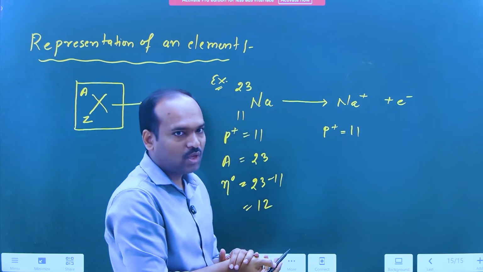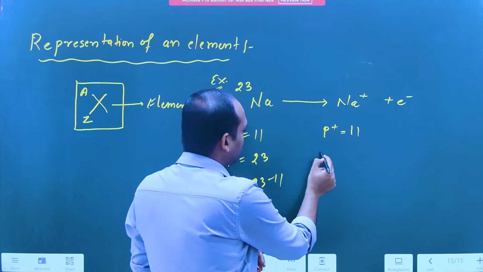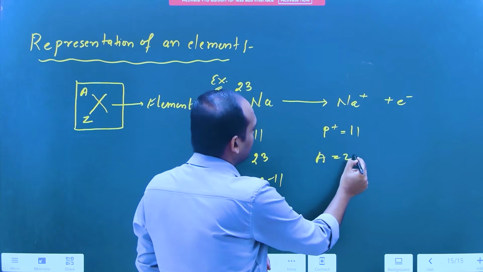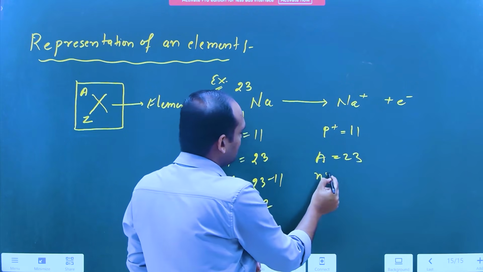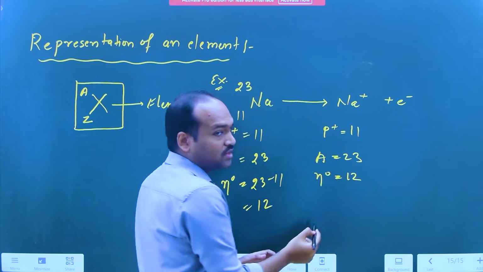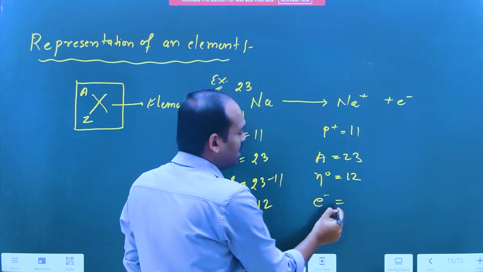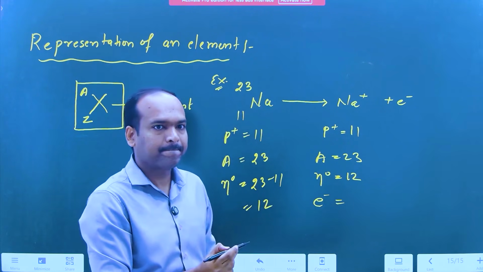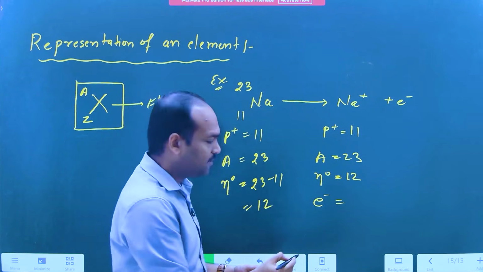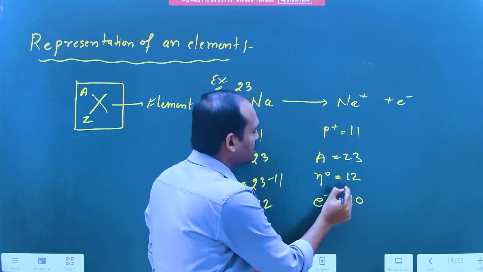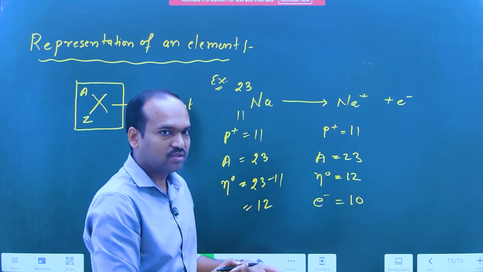Then mass number A remains 23, neutrons 12, but electrons are now 10, because it lost one electron.